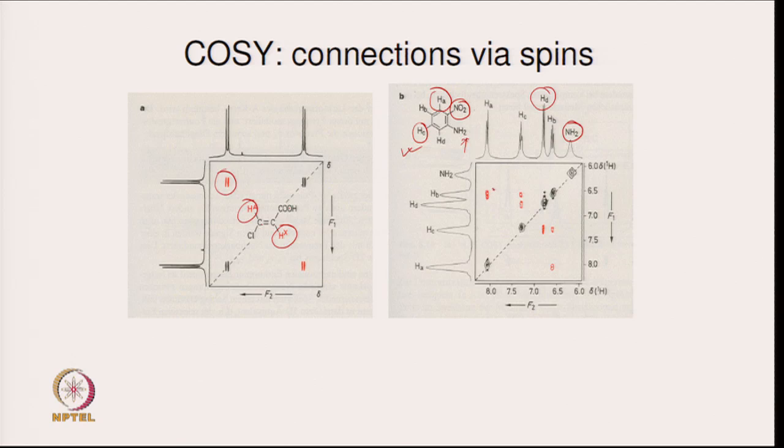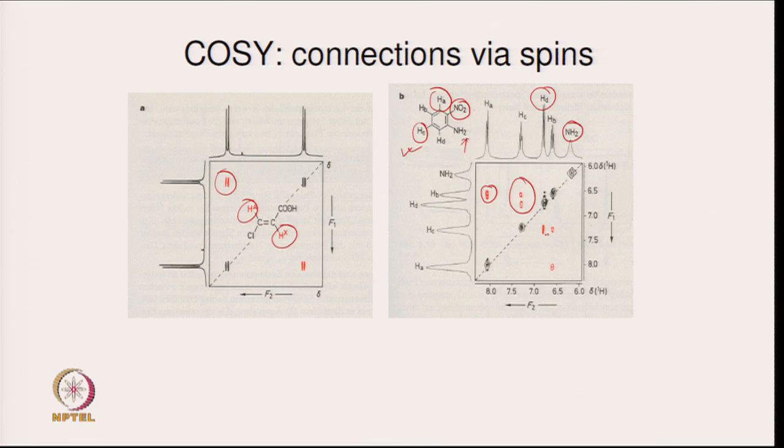HA is correlated to HB. Now, HC is correlated to these 2 peaks, and that is HB and HD. So, HC is correlated to HB and HD.